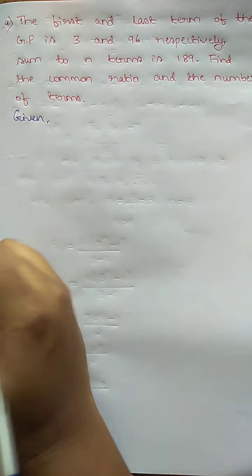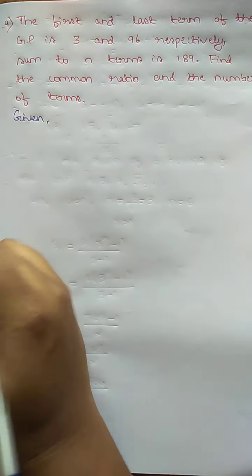Therefore first term A equal to 3 and last term Tn equal to 96 and sum of n terms Sn equal to 189. We have to find out the values of common ratio and number of terms, that is r equal to question mark, n equal to question mark.